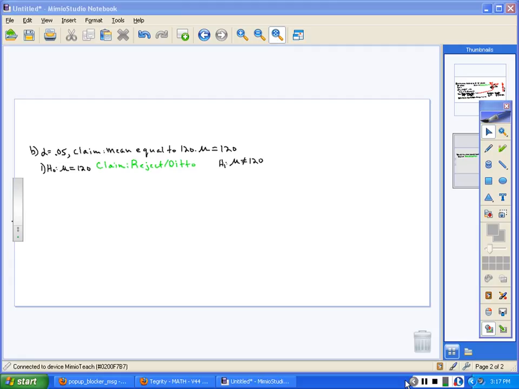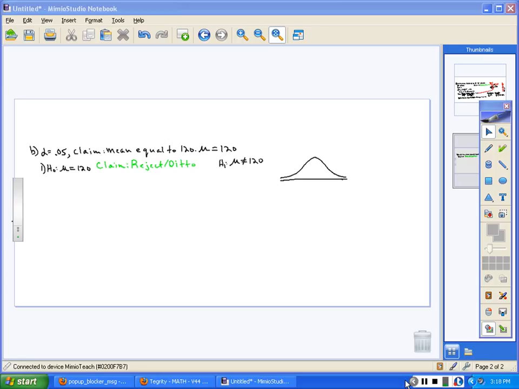Okay, now when you go to the formula card, this is the Chapter 8 box, which is on the second page. And for mean, there are two formulas, one that says sigma unknown and the other that says sigma known. We always, always, always use unknown. Same thing in Chapter 7. We always, always, always use unknown. So we notice that that formula starts with the letter T. So when I draw my picture, it's a T distribution, which looks an awful lot like a Z distribution.